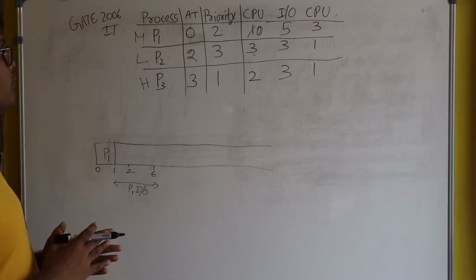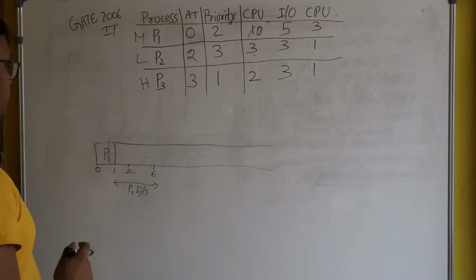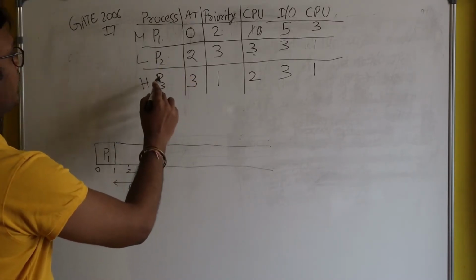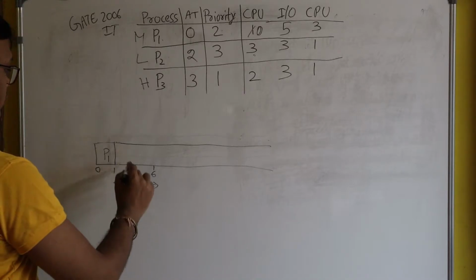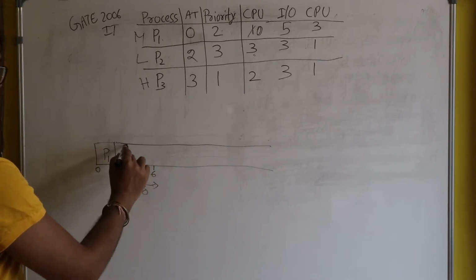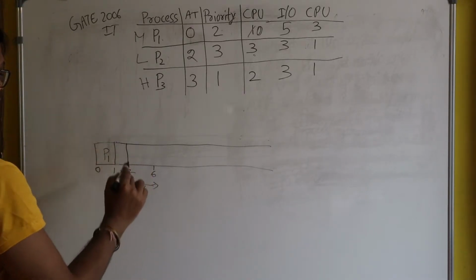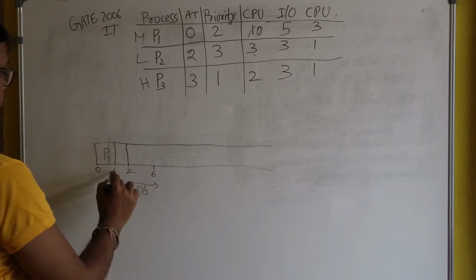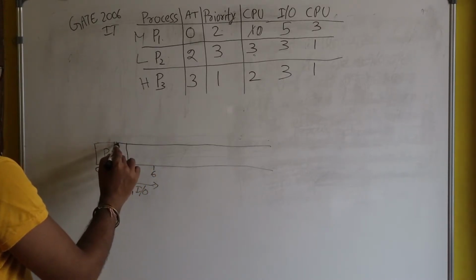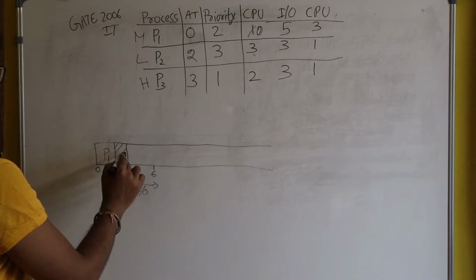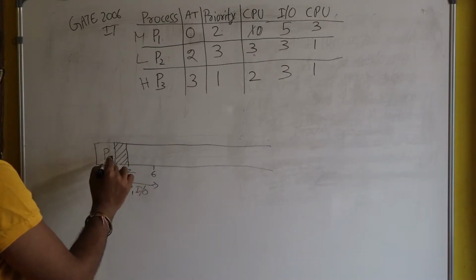Okay. So now here at 2 seconds P2 arrived. So here is the 2 second, here P2 has arrived. Fine. So from 1 to 2 nothing was there. CPU was idle during this time from 1 to 2.